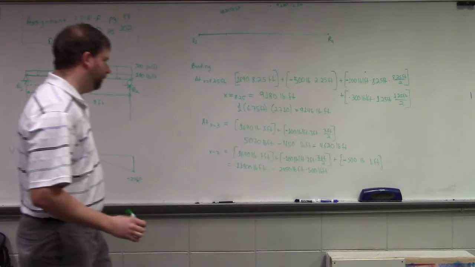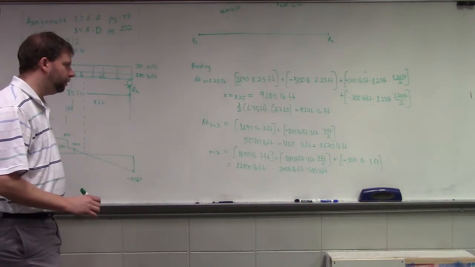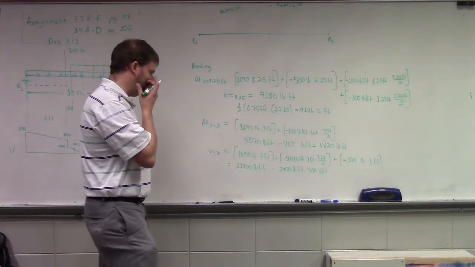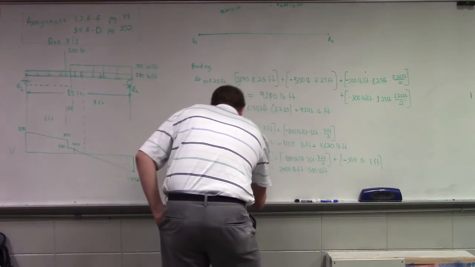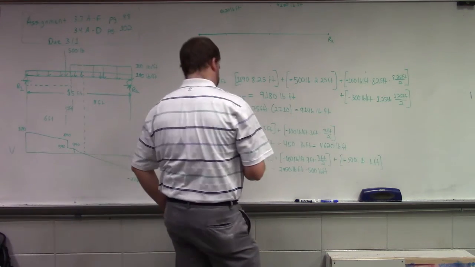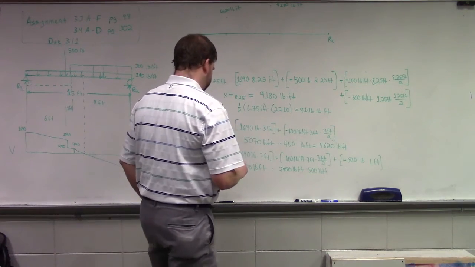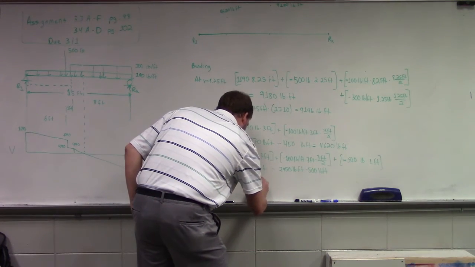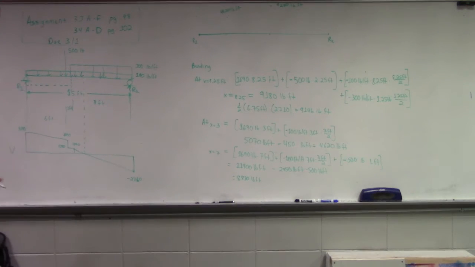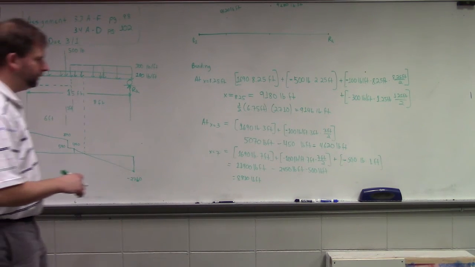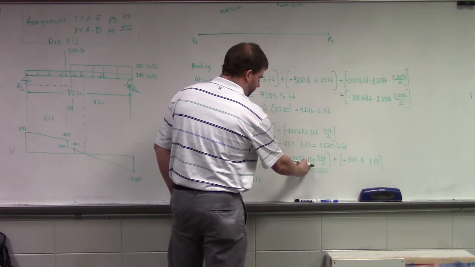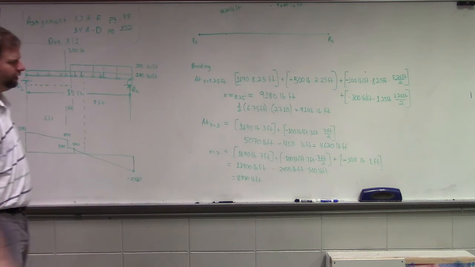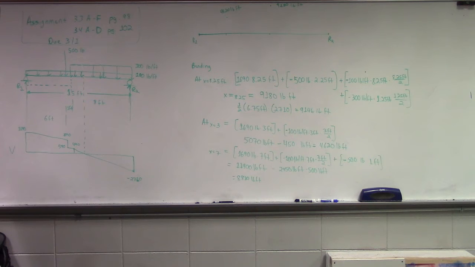I got something. 8,880. 8950? 8880. Yeah, I think that's right. I'm just trying to add it up in my head, so I trust what you did. 700 times 3.5, that's 21, shouldn't that be 2450? Let me look at this. 16 times 7.